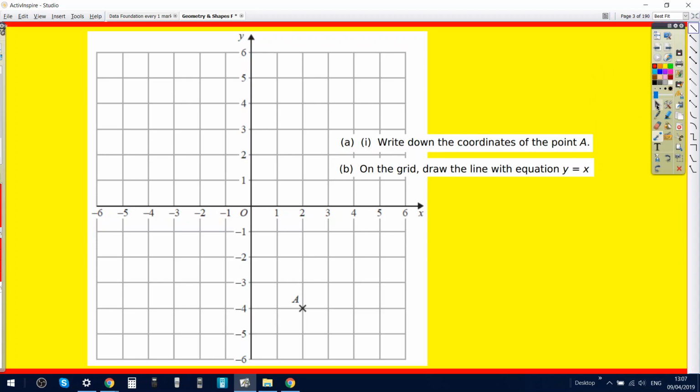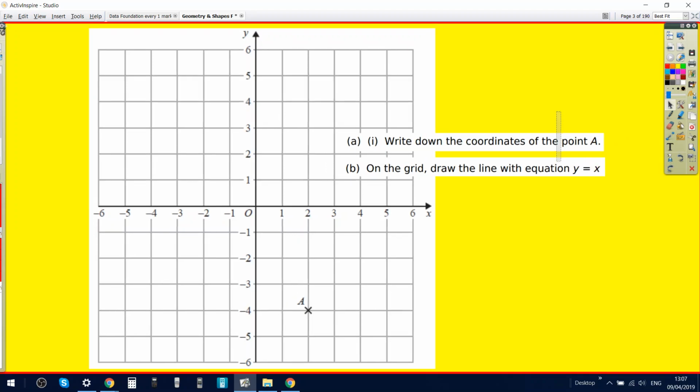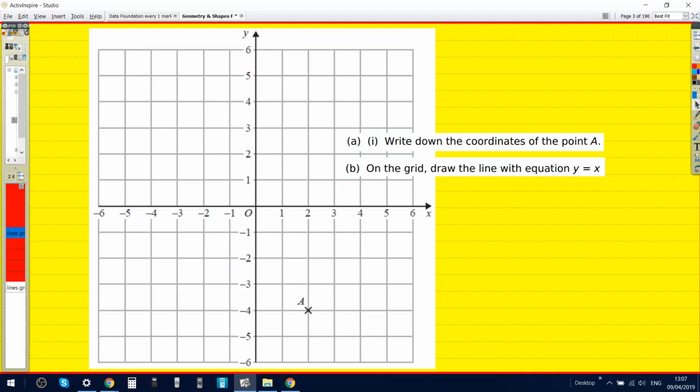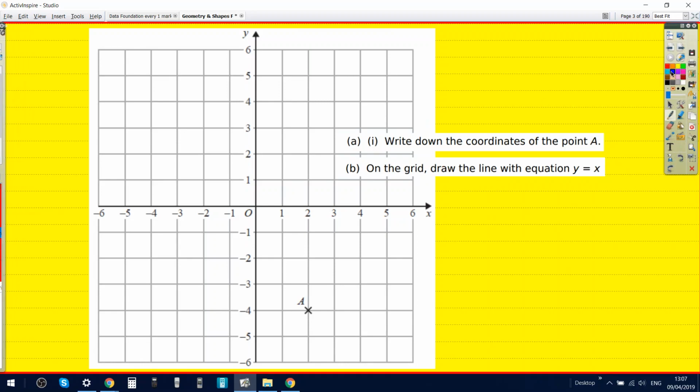Any idea how you would do the line y equals x? Would it just intersect with y and x, like it would go right through the middle?